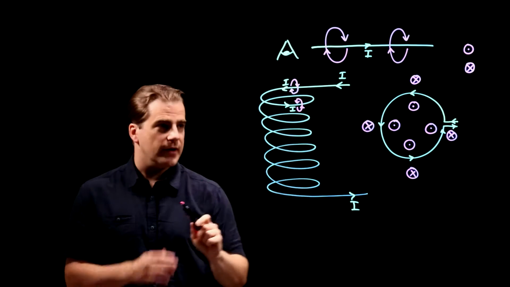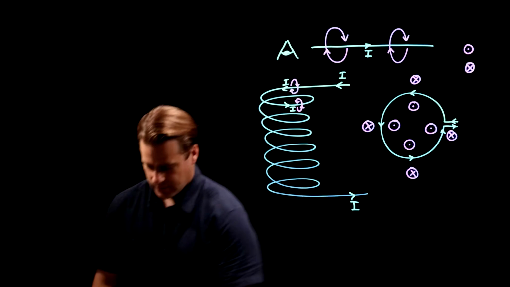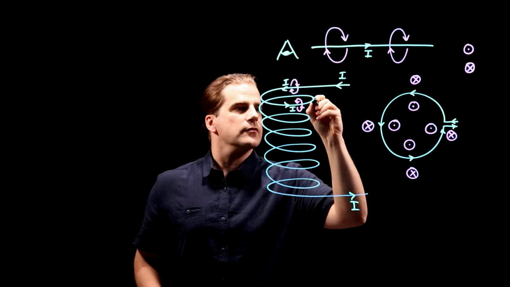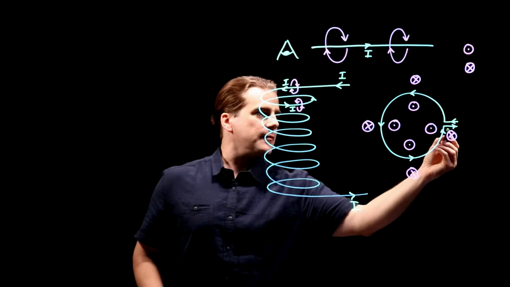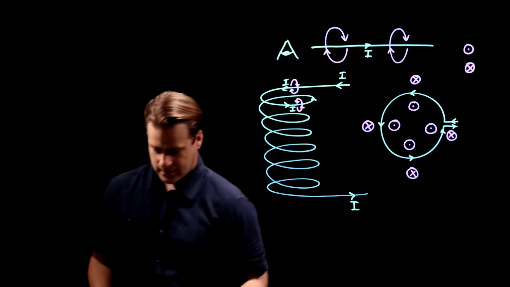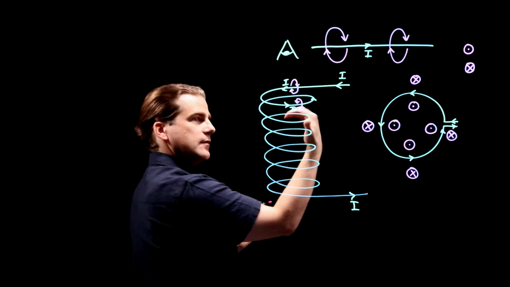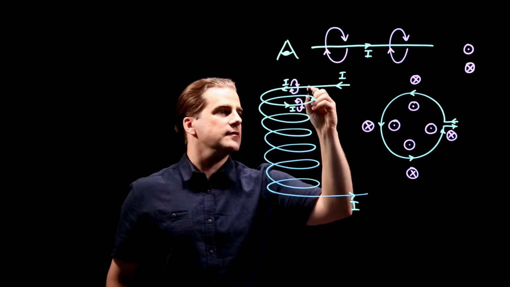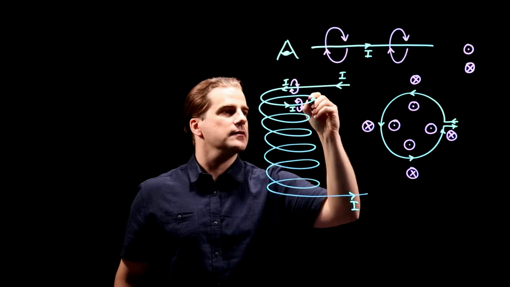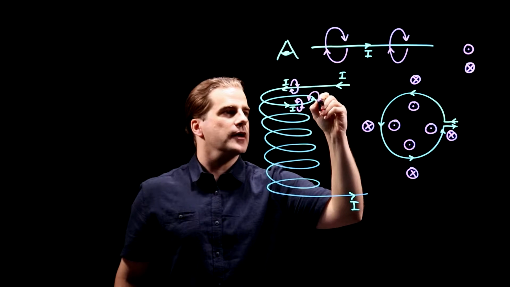And this bit here, where the current is flowing sort of away from me towards you, that's that bit there, same thing. It produces magnetic field, curls around like that, so it's going down on the inside, okay, and up on the outside.